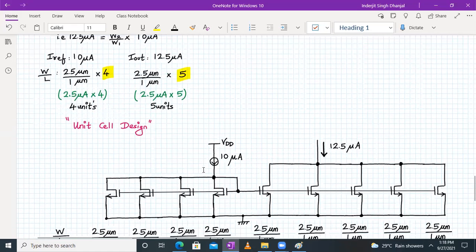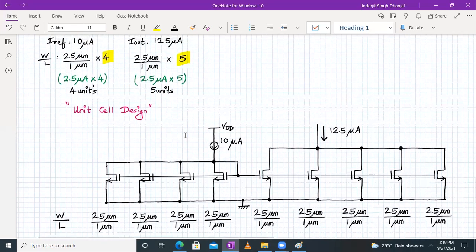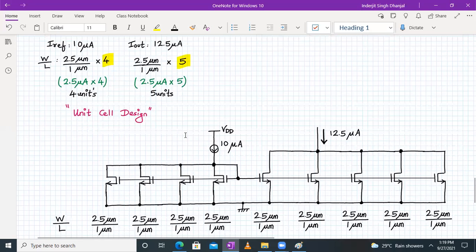This is the best way to design, that is a unit cell design, which will take care of the actual mask errors we encountered before, that is W plus delta W, L plus delta L. So all those errors will be minimized and you can accurately mirror the current to any ratio.